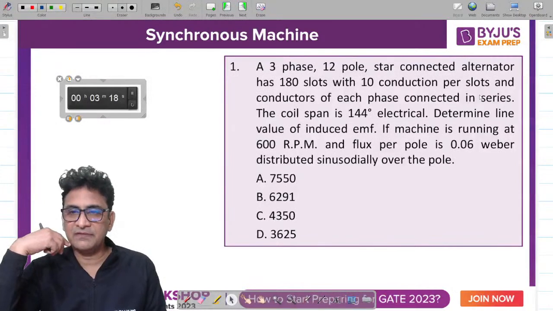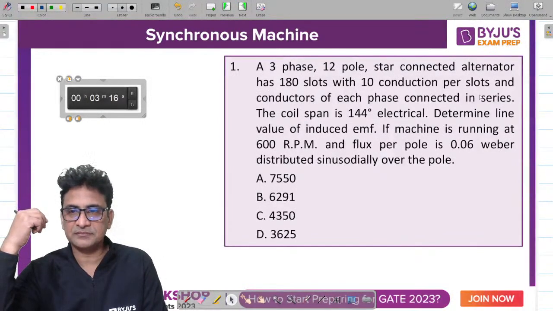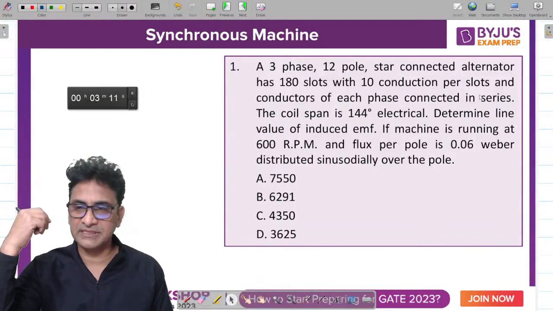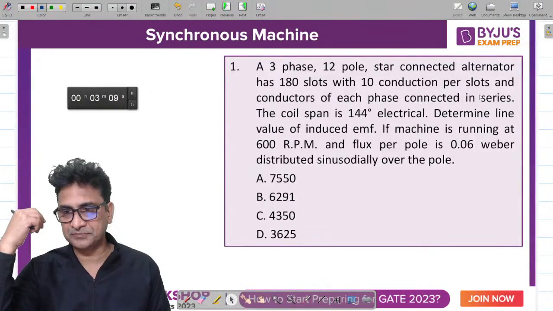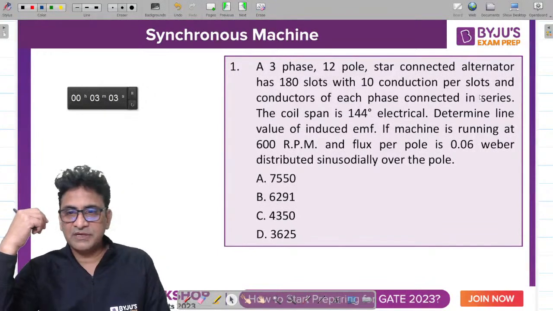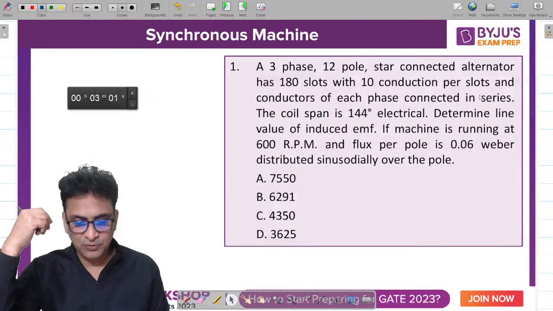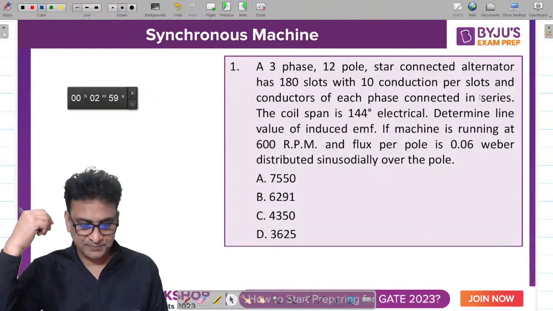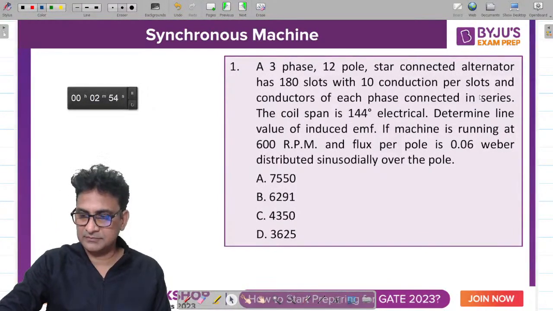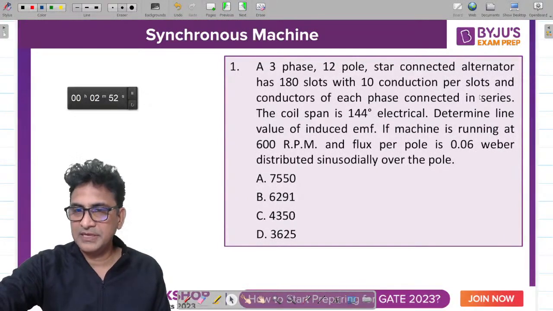Determine the line value of induced EMF if the machine is running at 600 rpm and the flux per pole is 0.06 Weber and the flux is distributed sinusoidally over the pole. Induced line EMF.